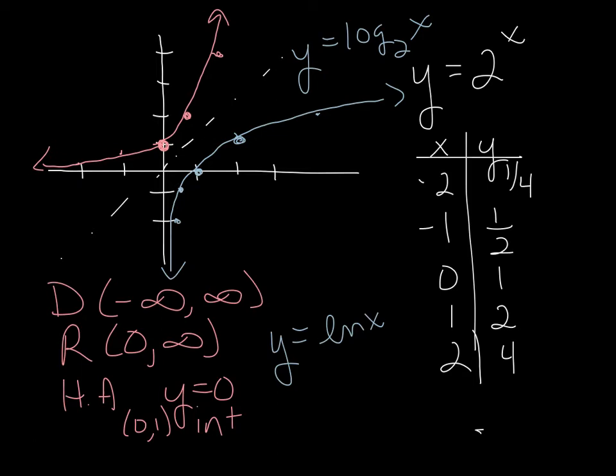So for our inverse function, which I'm going to do in blue, what's the domain? Everything greater than 0. It's the range of the previous one, so it's 0 to infinity. What's the range, Zach?